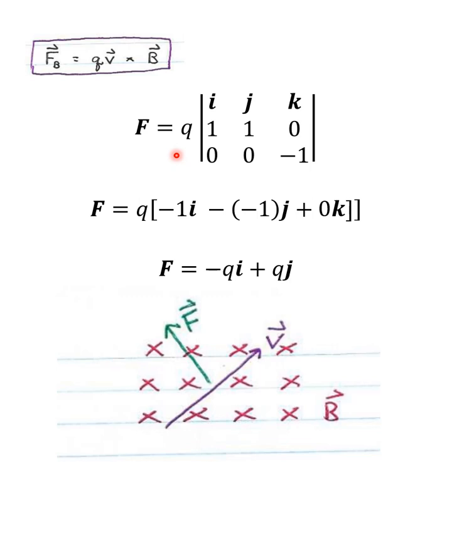But you should get in the i direction -1, minus in the j direction -1 minus 0, and in the k direction, 0 minus 0. So when you put all those together, it becomes -qi plus qj, which means in the negative x direction and the positive y direction. So there's our force going up and to the left, and also that's what the right-hand rule confirms.